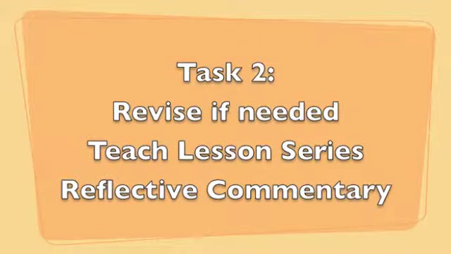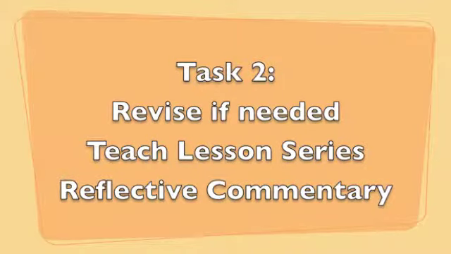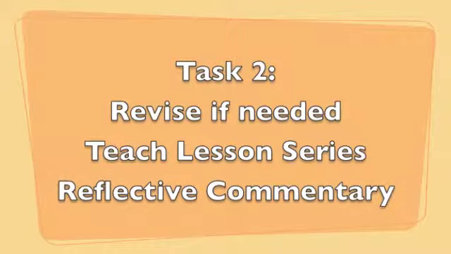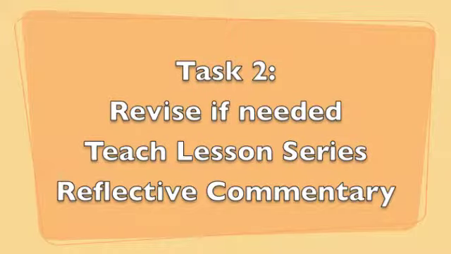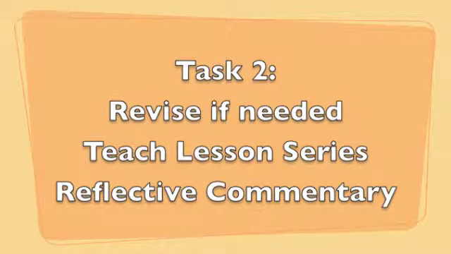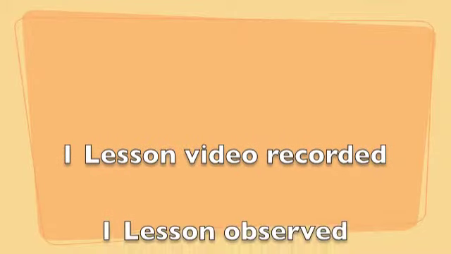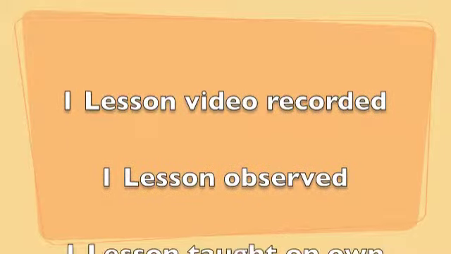Then before task 2, you will get feedback from your supervisor on things you might revise, things to think about before teaching. And then in task 2, you will teach the three lessons. One of them will be video recorded, one of them will be observed by your supervisor, and the third you will just teach on your own.